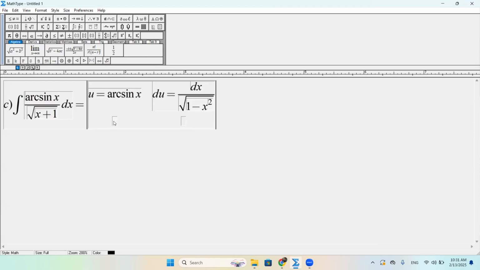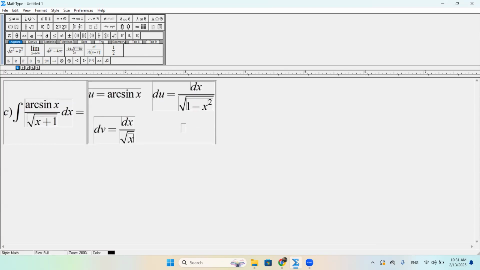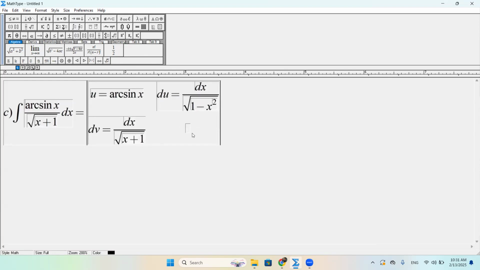And dv equals dx divided by square root of x plus 1. And v equals 2 square root of x plus 1. So now let's integrate by parts.